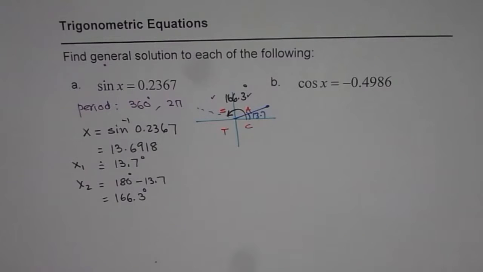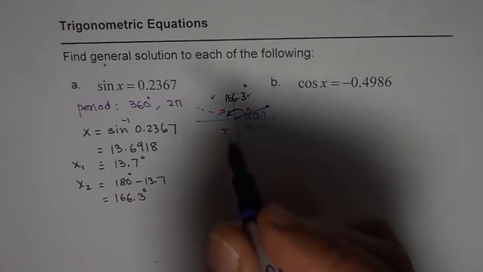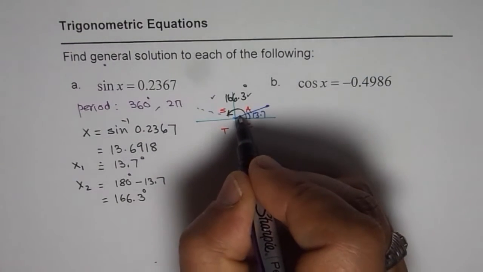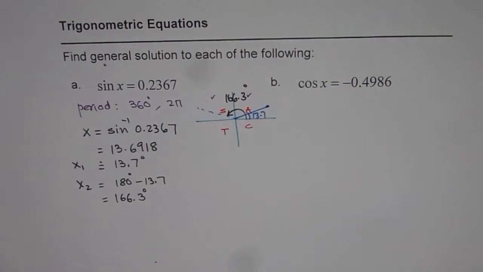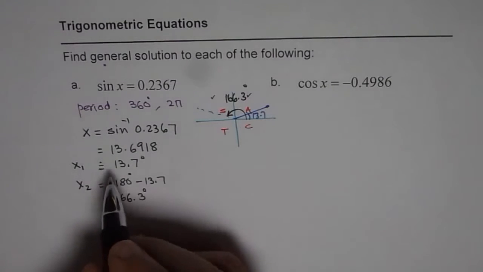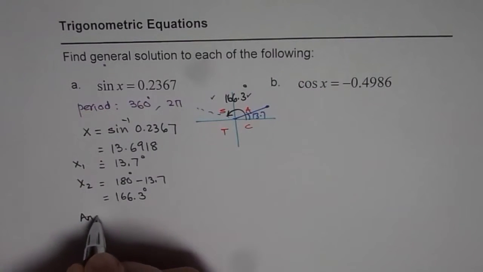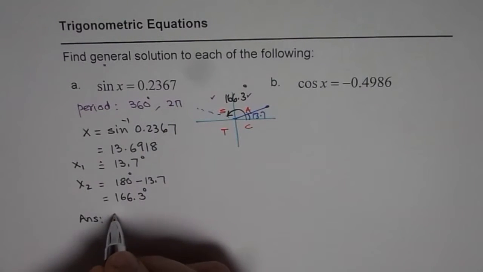As we know, the sine wave is periodic, and it will repeat after every full cycle. One full cycle is 360 degrees, and therefore in general our answer has two different sets of solutions.